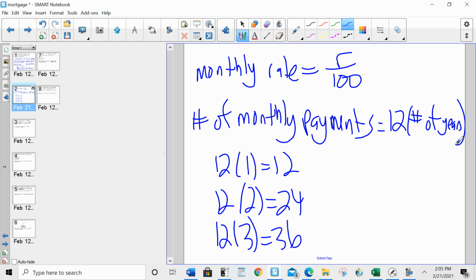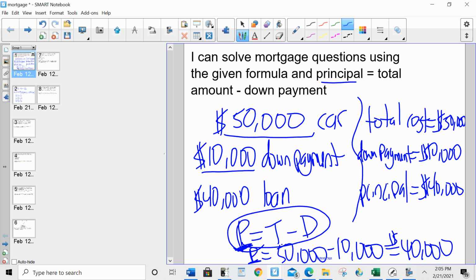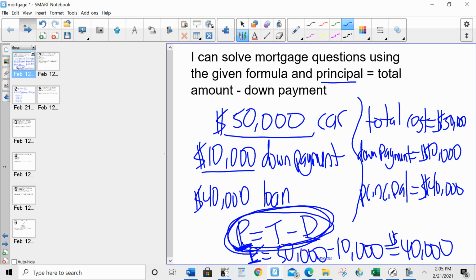Outside of that, I think it's time to move into this. Again, whenever they talk about principal or down payment, we're going to use P equals T minus D. And if they're asking you to find the down payment, we're always going to have to find P first. I'm going to put that into the notes.